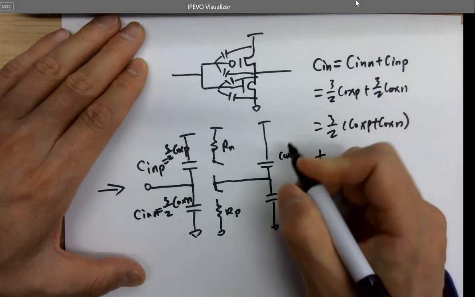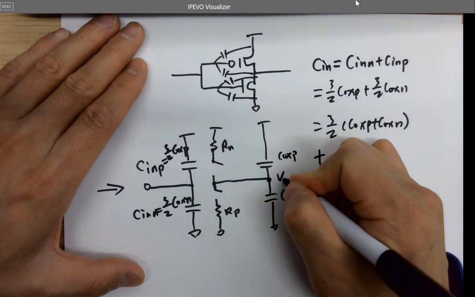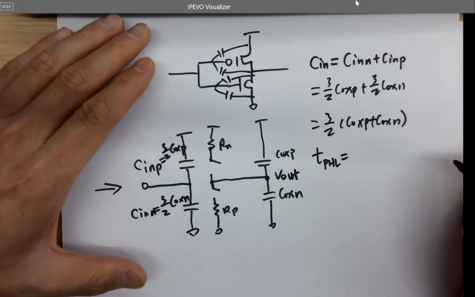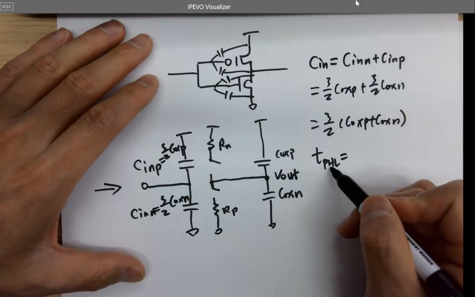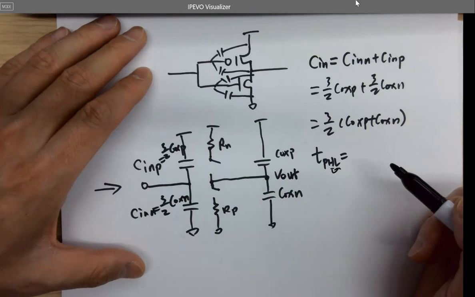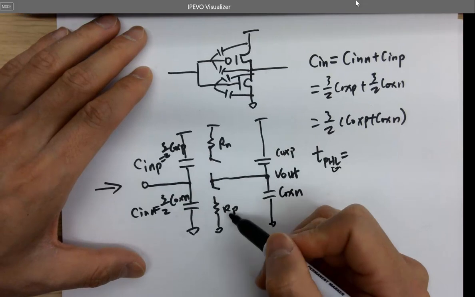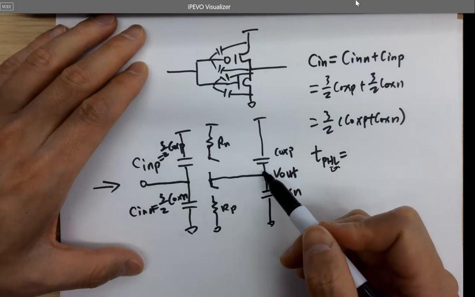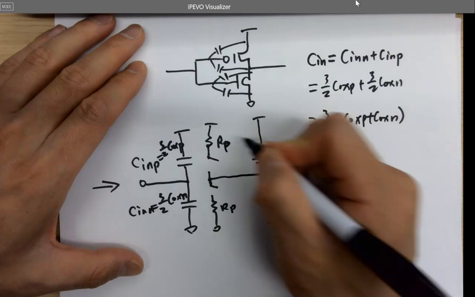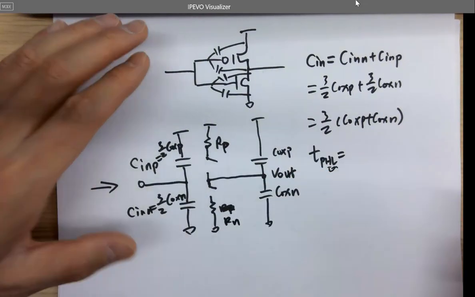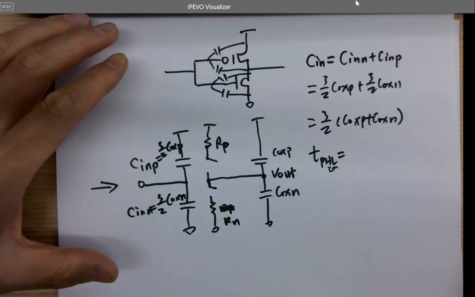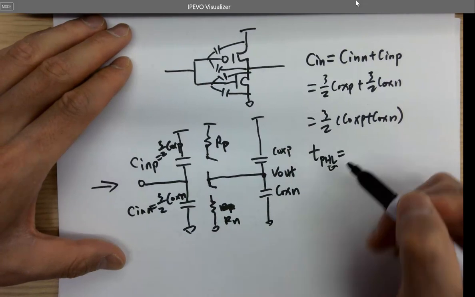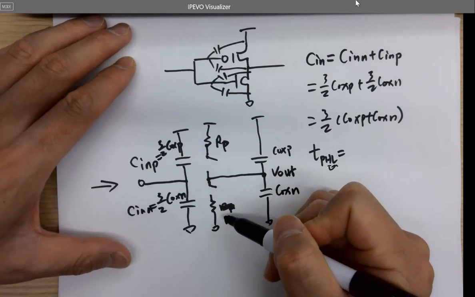So TPHL, as the output, this is Vout, is what? TPHL is H to L. So it was high, but at the moment it's getting turned on. H to L means it's being put down to ground.